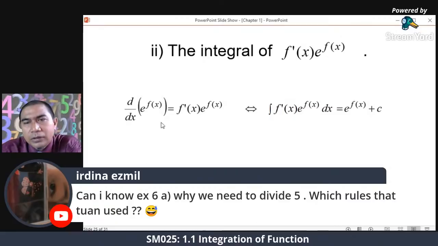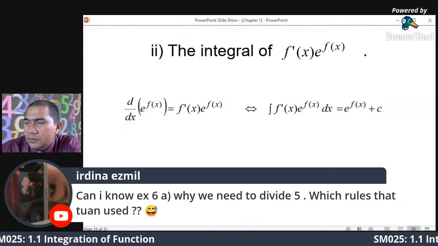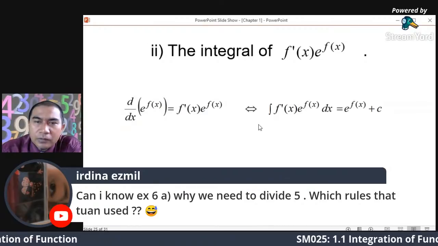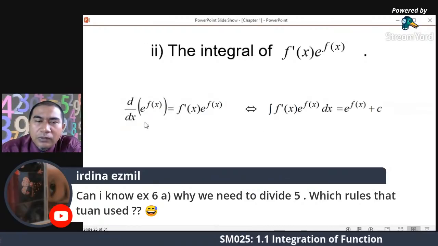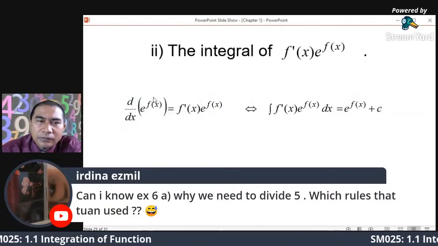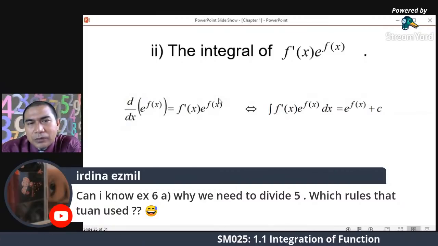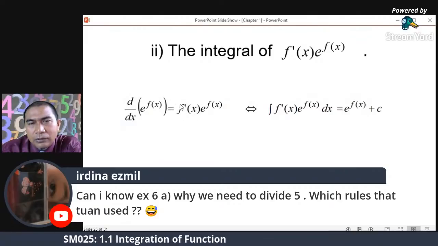So if we differentiate, please recall the differentiation. If we differentiate e power of fx, we get e power of fx times f prime x.